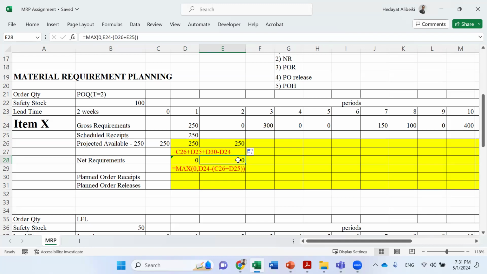So how much more do I need in order to be able to sell? It's going to be 300 minus 250, which is the net requirement. So 50 units is how much I need. If I order 50 units, would that be enough?